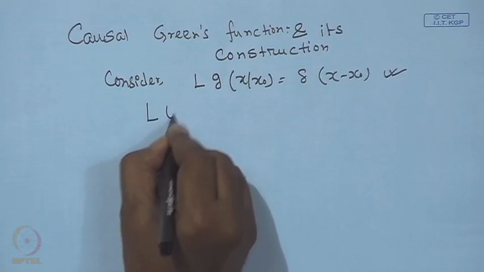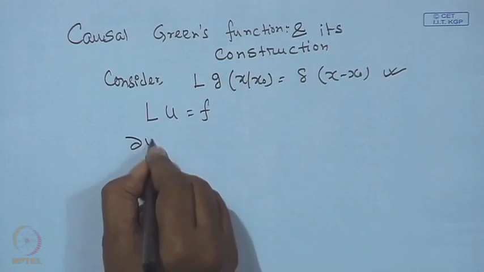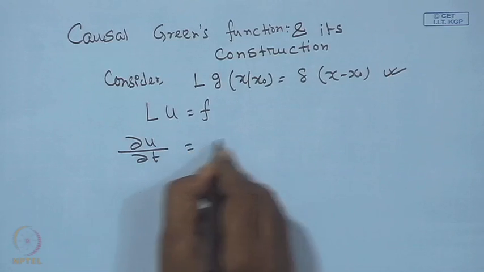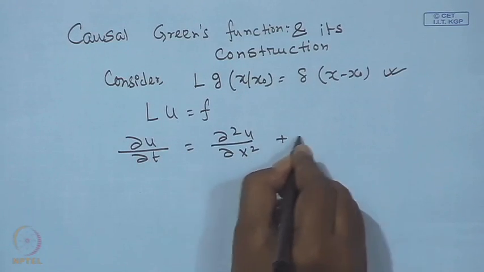If you have the original problem L u equal to f, I will just take up an example. Let us say del u del t is equal to del square u del x square plus 2x.